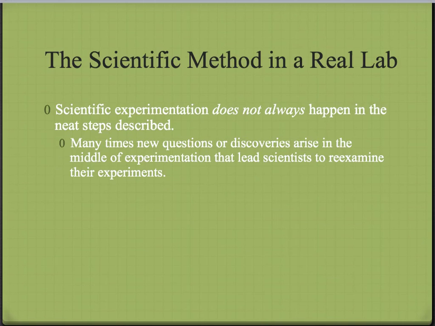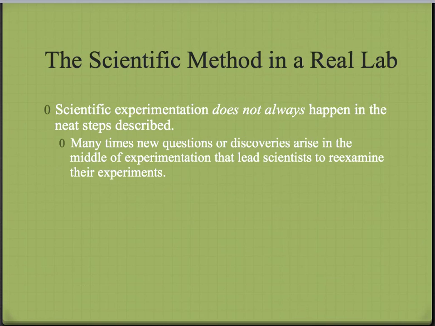So just to apply this idea in a real lab, we want to remember that experimentation does not always happen in the neat steps described. It's not always necessarily in that perfect order, but those are the main parts of experiments that could show themselves in different orders depending on what the person is investigating.